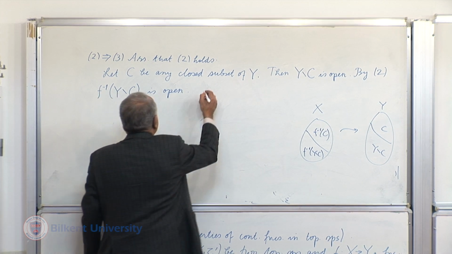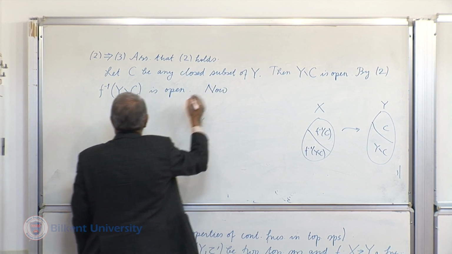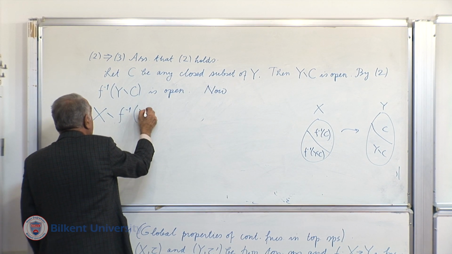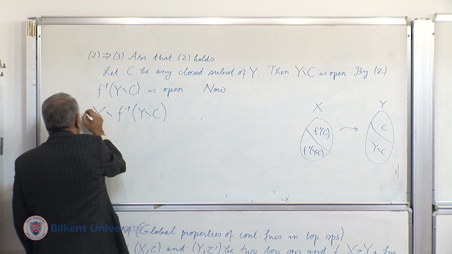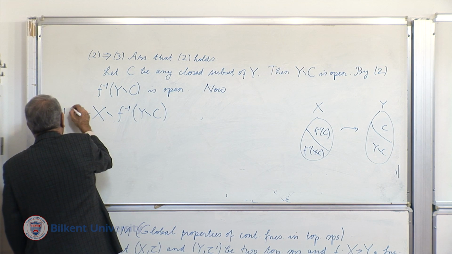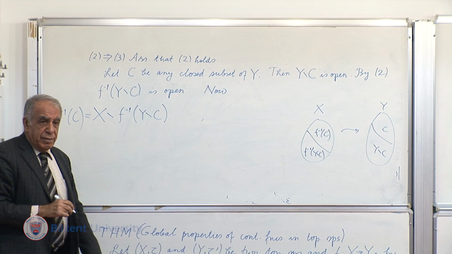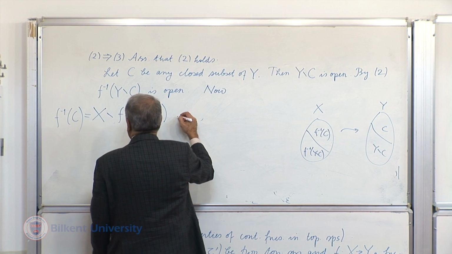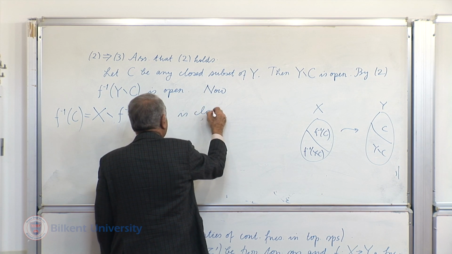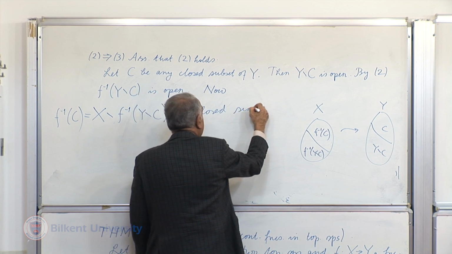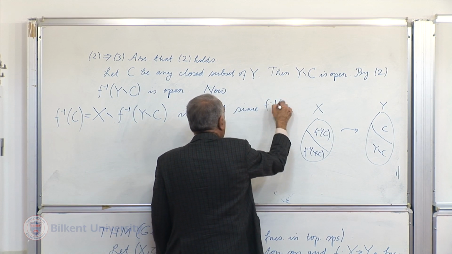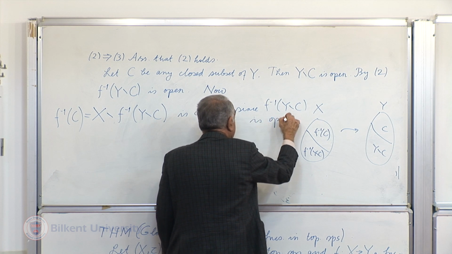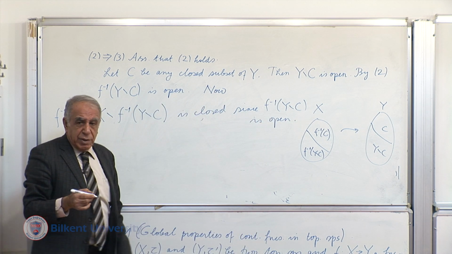that X minus f inverse of Y minus C is nothing but f inverse of C, and it is closed, since f inverse of Y minus C is open, just by definition of closedness.